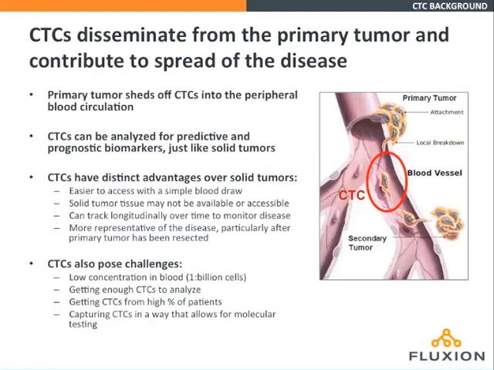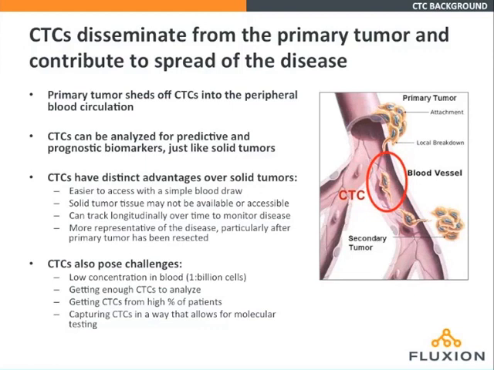All right, so a little bit of background on CTCs. I'm sure this is well-known material for many of you, but basically tumor cells are shed from the primary tumor and they enter the blood circulation system. They continue to be used as predictive and prognostic biomarkers in addition to tumor tissue.